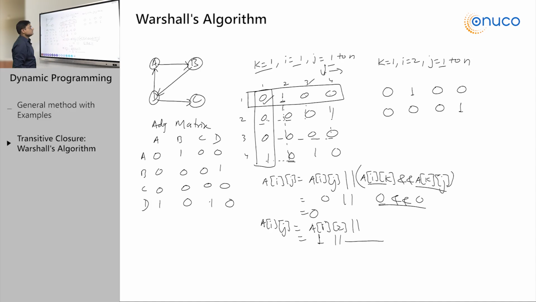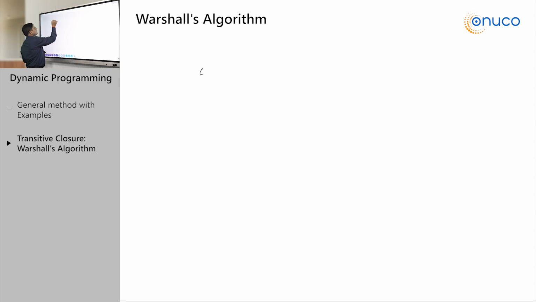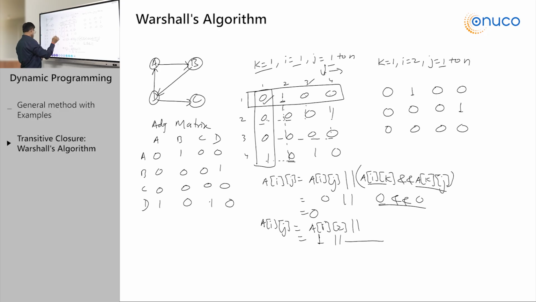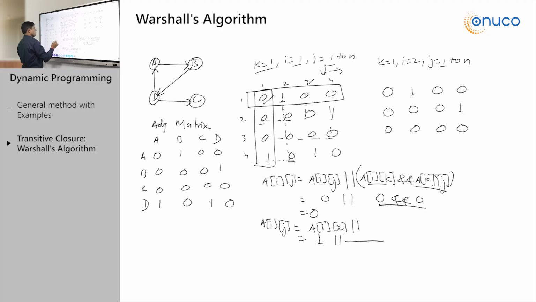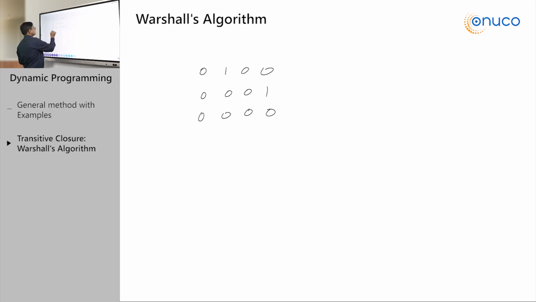So in the next iterations you can check that we are going to find out 1. Let us see that. So we got 0 1 0 0. Thereafter all 0 1, all 0 1, this is all 0, and here we had 1 0 1 0, 1 0 1 0.